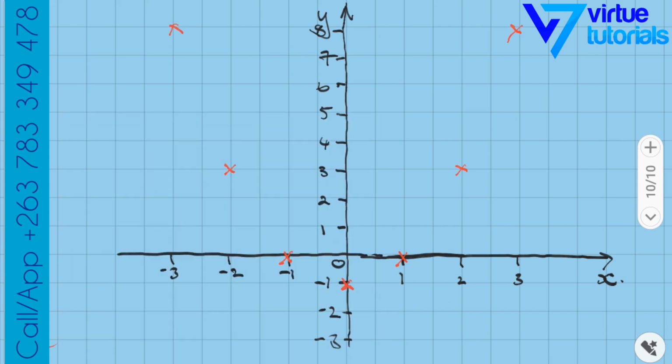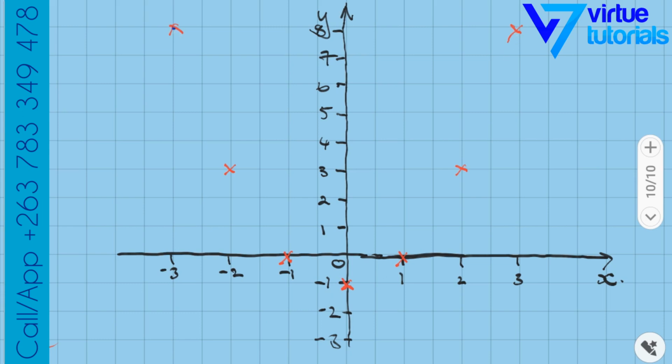Once we get our points, you use your free hand. So no ruler, nothing. You use your free hand to sketch a curve that goes through those points. So I'm going to start from this point. Don't start before the point. Start at the point and end at the last point.